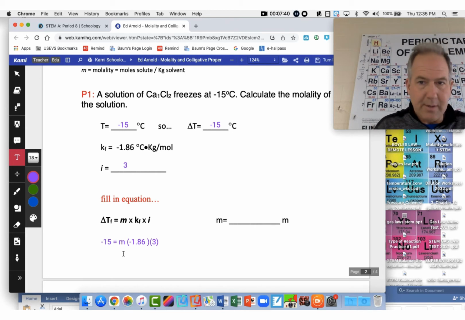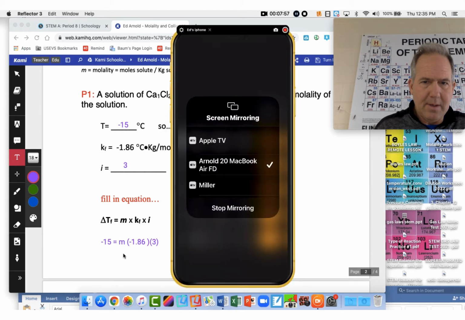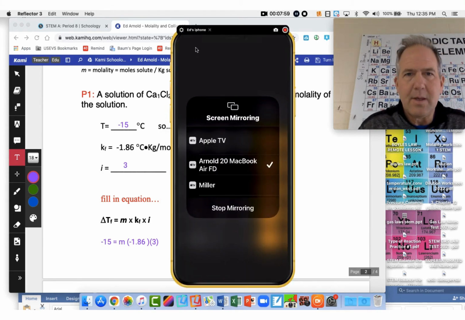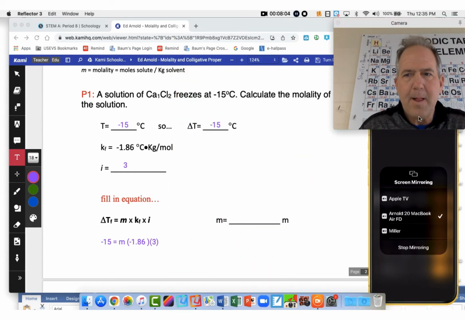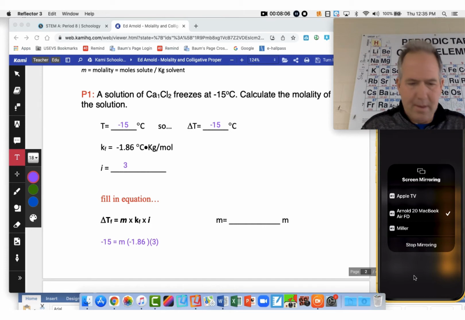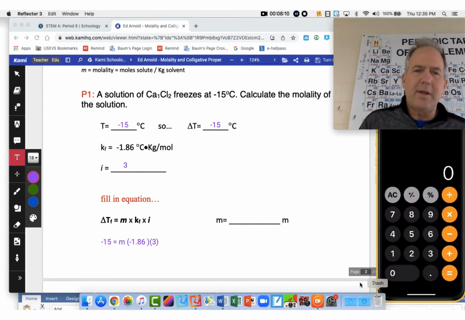Waiting for my thing to work. Okay, now I have my calculator up.